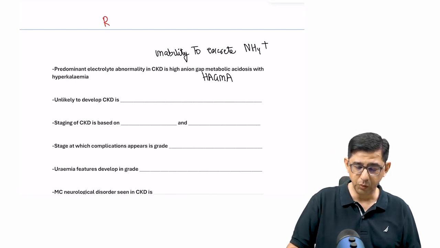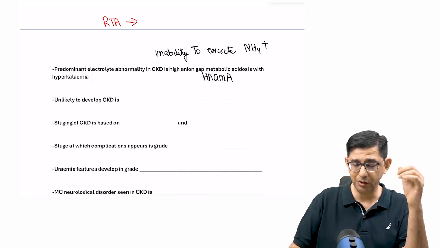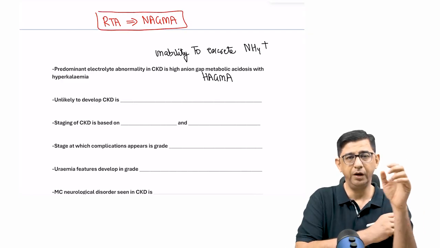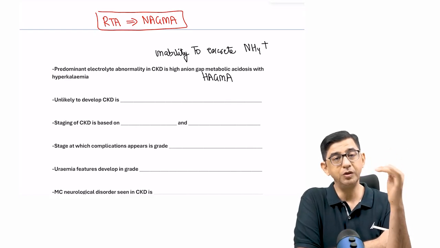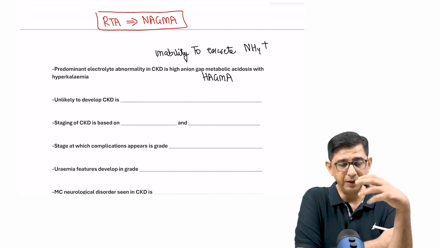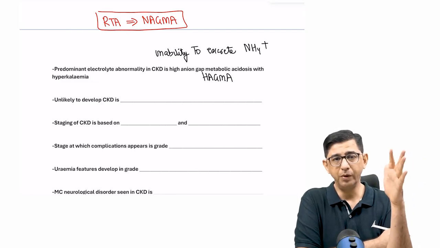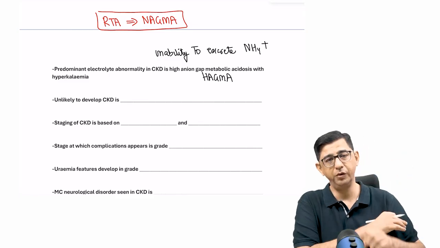The only situation in the topic of kidney where you would get a normal anion gap metabolic acidosis is renal tubular acidosis. I'll speak about this later also, but at this moment I wanted you to remember that RTA. I'll describe the three varieties before you, but this is the only type of kidney damage where I'll say normal anion gap metabolic acidosis, NAGMA. Every time else, it's always going to be a HAGMA, high anion gap metabolic acidosis.